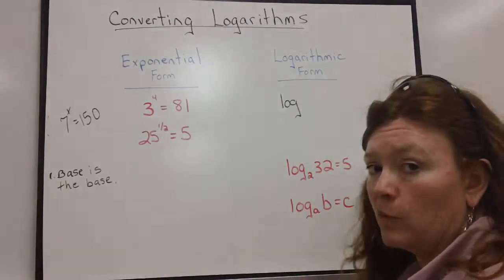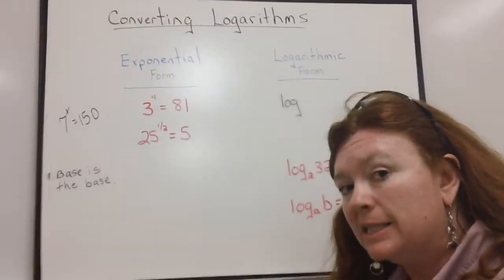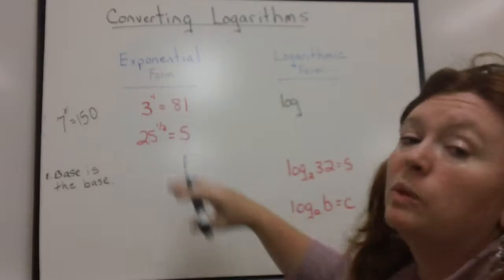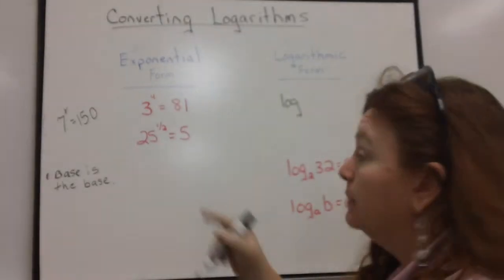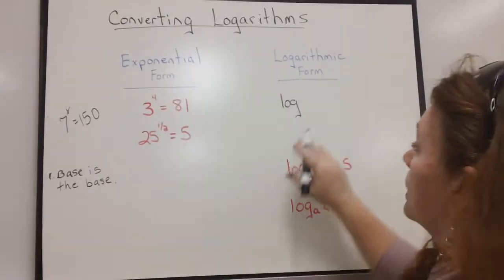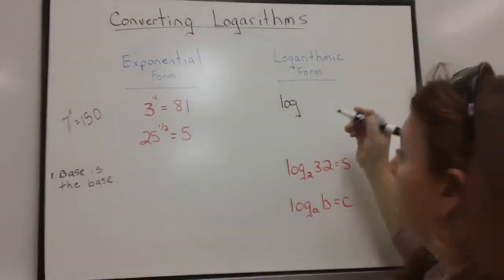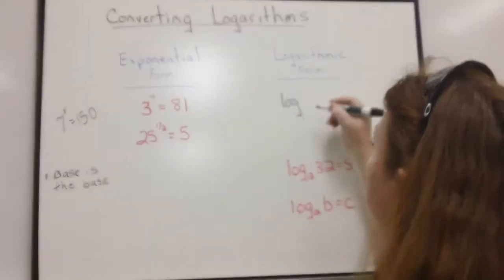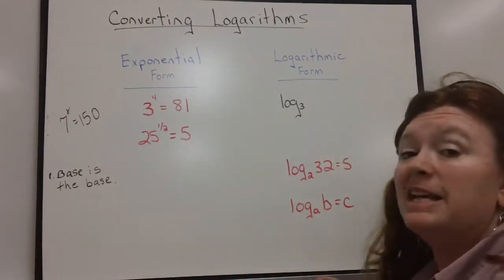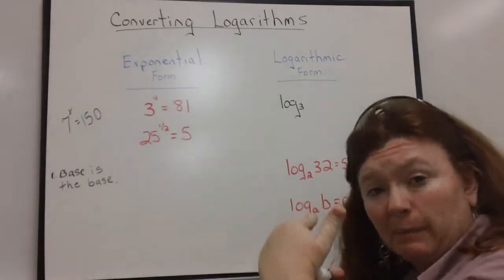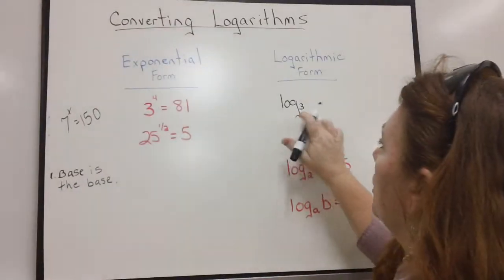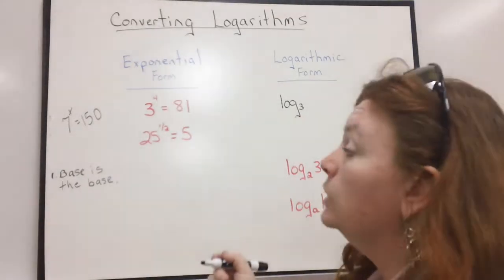Now, in log form, how you word it is important because it tells you a lot. For example, in the first one, my base is 3. 3 is the base, 4 is the exponent. So if 3 is the base, when I write it in log form, 3 is still my base. So where do you write the base? You write it right down here. It is a subscript, which means it should be a little bit lower than the L-O-G. Log base 3.